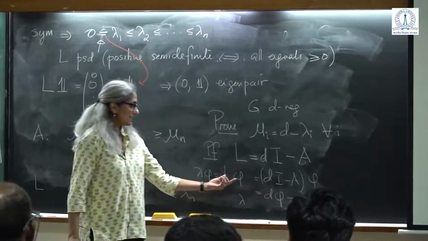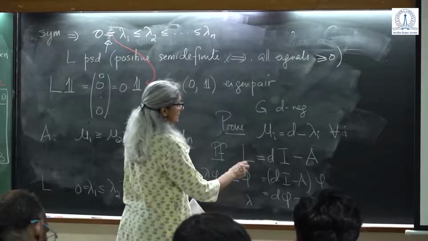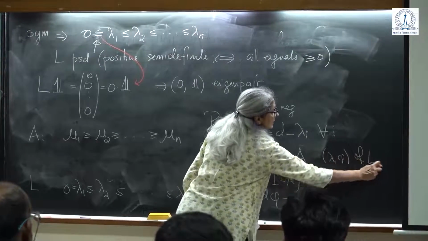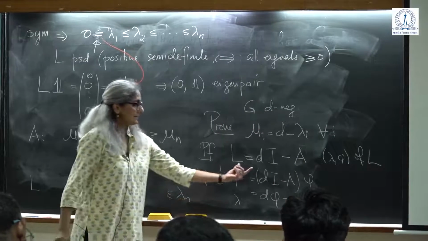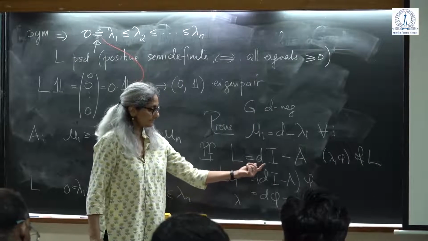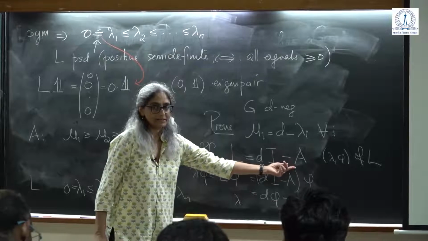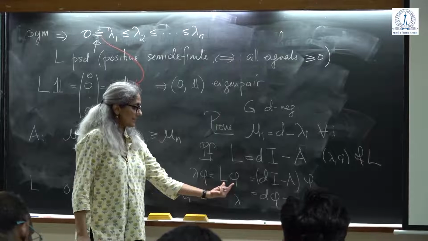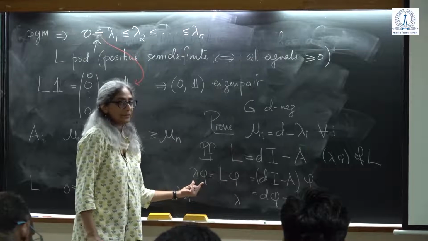So I took an eigenpair lambda, phi of the Laplacian, dI minus A, and then we just made a calculation. Because phi is an eigenvector, L phi is lambda phi.